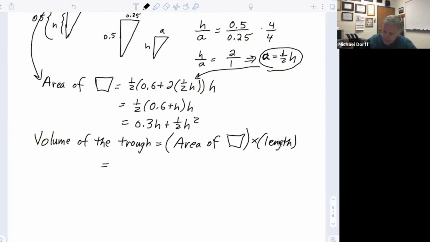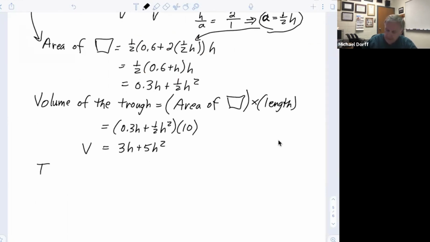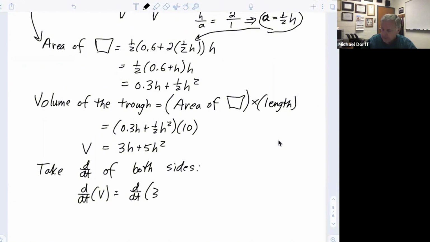The volume was the area of the trapezoid times its length. And so using the formula we have here, we now have (0.3 h plus 1/2 h squared) times its length, which was 10 meters. And so now I end up with 3h plus 5h squared, and that's the volume. Now I can take the derivative, take d/dt of both sides, and so I get d/dt of V equals d/dt of 3h plus 5h squared.